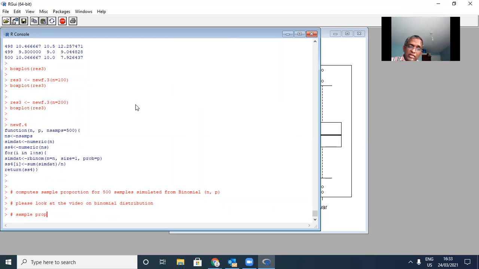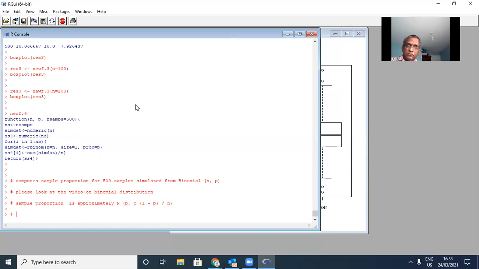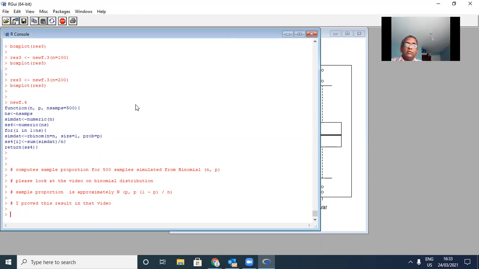And if you look at that video, one thing you will see is that the sample proportion is approximately normally distributed with parameters. Do you guys remember this?